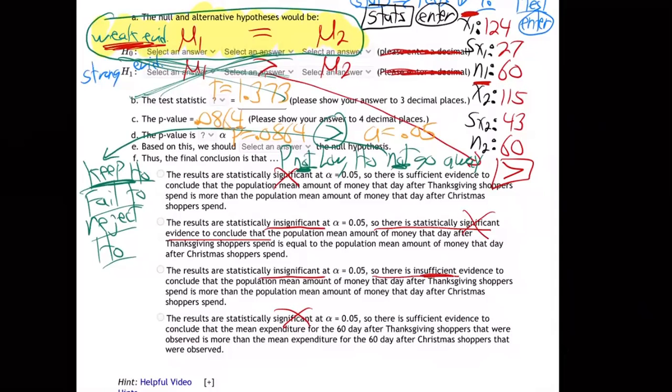So there's insufficient evidence, yes, to conclude that the population mean amount that the day after Thanksgiving shoppers spent is more. Right. There's insufficient evidence to conclude more. I hope that's not confusing. I hope you don't just see the word more and think that's wrong.